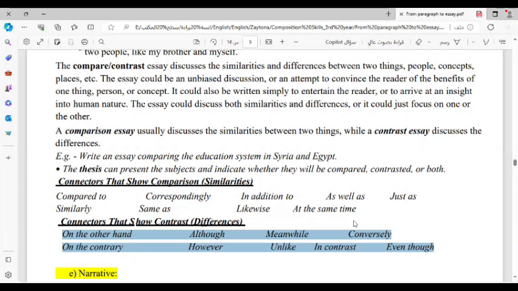Conversely, for example, means على النقيض من ذلك, عكسا لذلك. It is similar to however, to meanwhile, to but, to unlike. All of these words have a similar meaning because all of them have the same function, which is to show the differences.